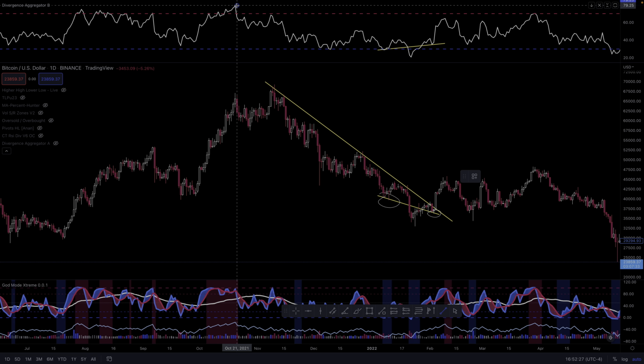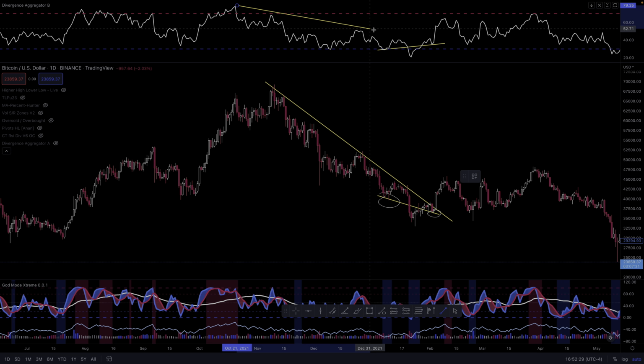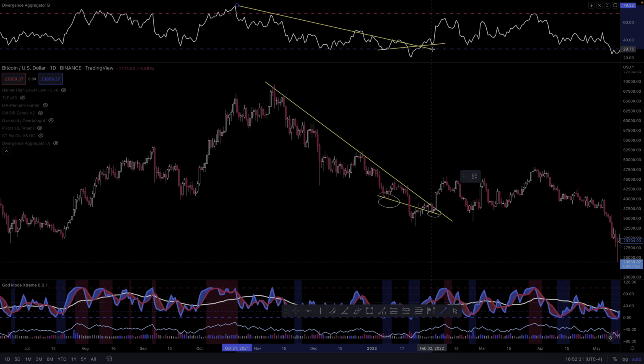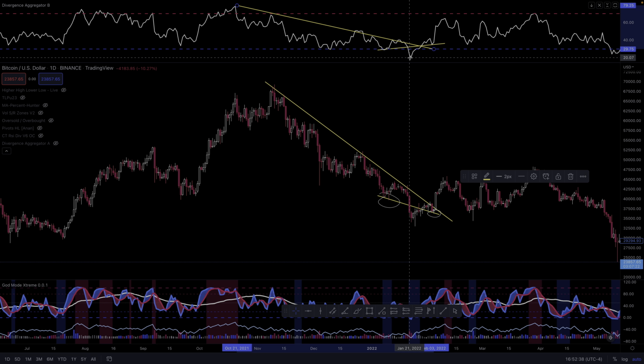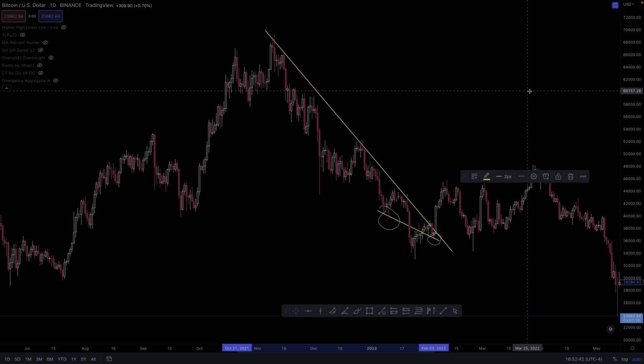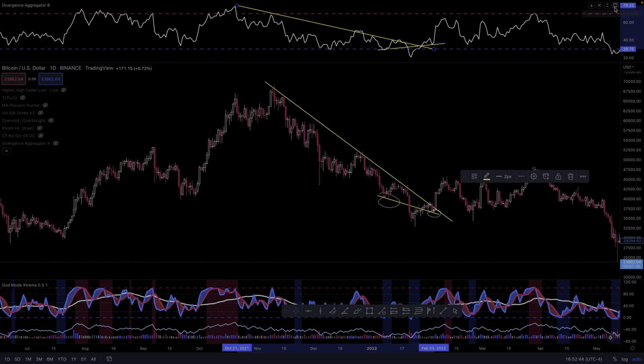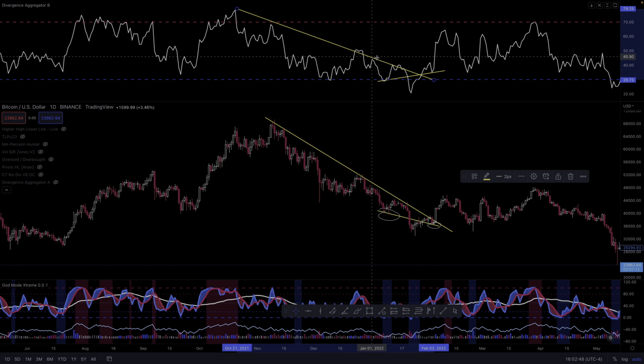And you could set an alert for when the RSI bounces, which is a good little setup here. As you can see, the RSI bounces from oversold, then it breaks out of this bearish trend, and you could use this as a signal, especially in confluence with this bullish divergence.